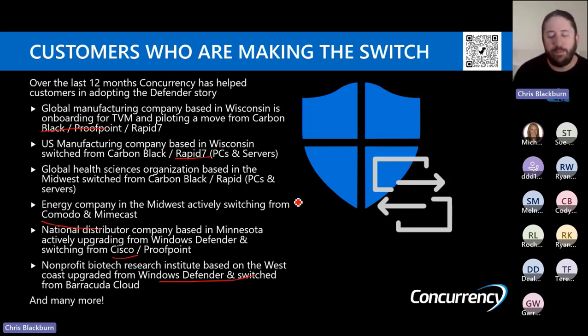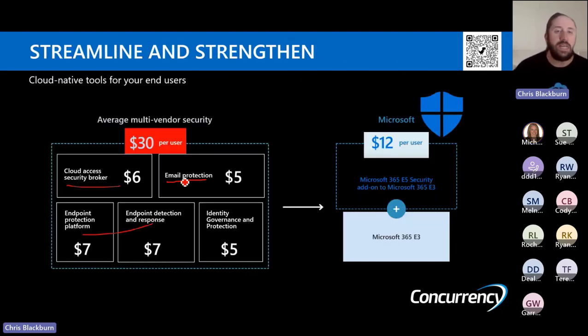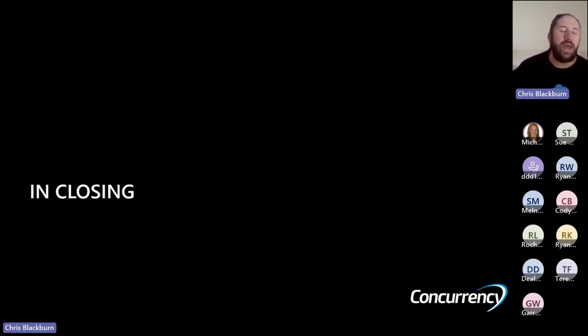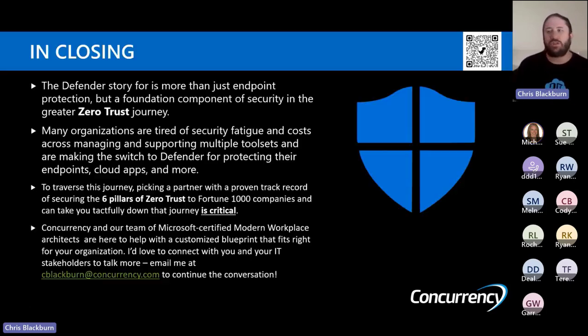That's just continued to ramp up and increase as customers are looking at this story. Really, it's, we can save money over these disparate products, have one cost for security, and have one particular tool set to provide those security capabilities and help us on that journey into zero trust.